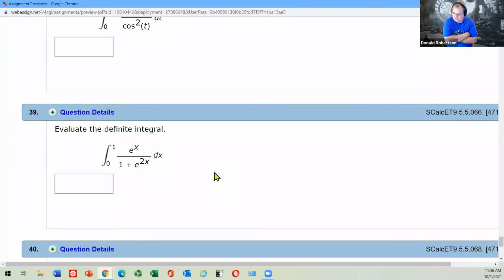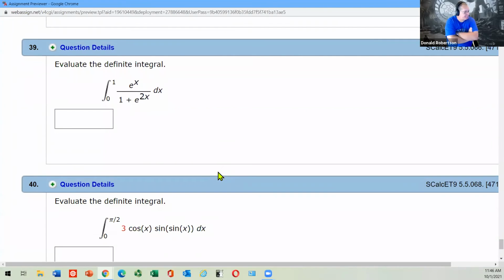And it's a special case. What u sub will work with question 39 that you should be looking at? One plus e to the 2x. If the top was e to the 2x, I would agree with you, but the top's only e to the x, so that ends up not working.